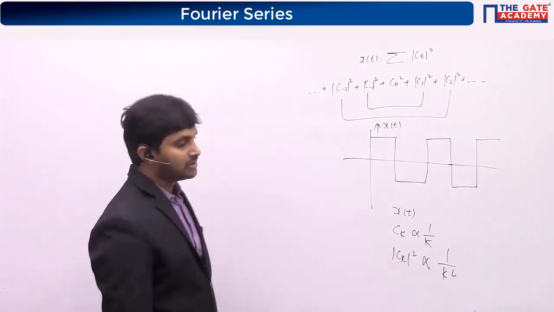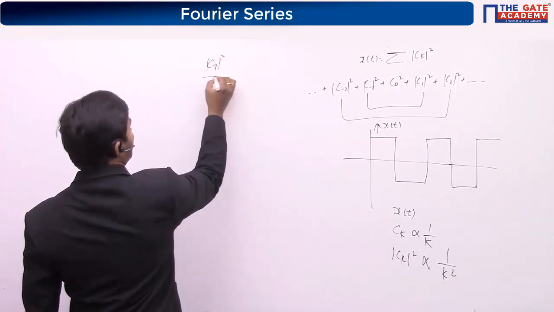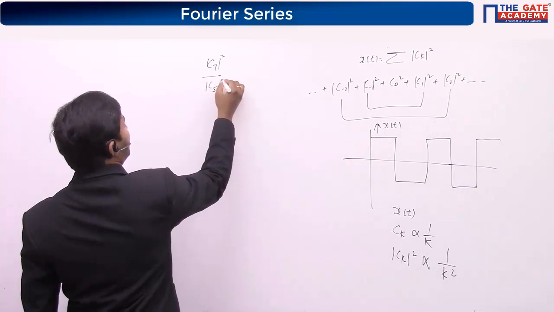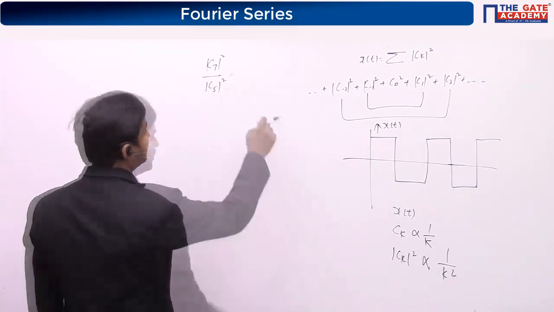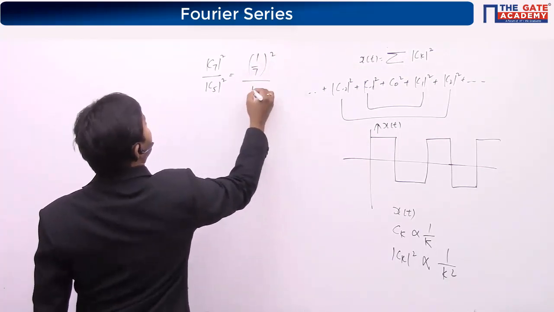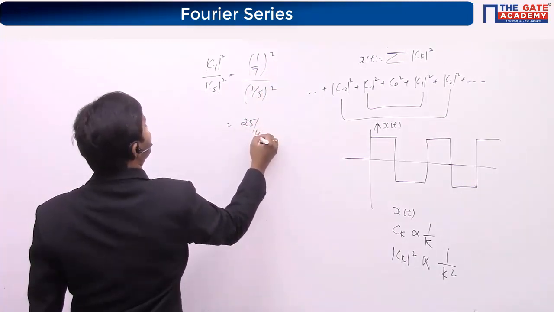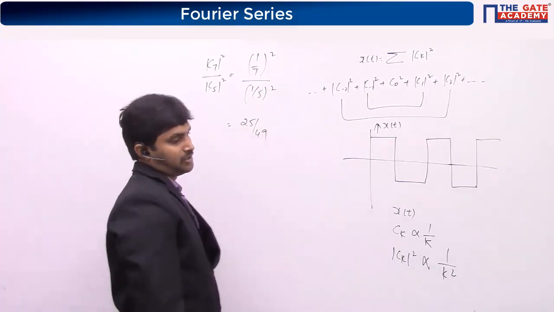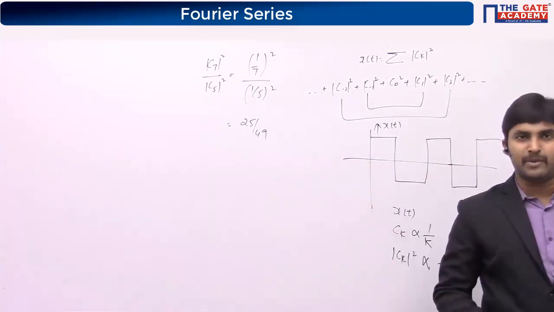Yes or no? Now the question is c7 square divided by c5 square, which will be equal to 1 by 7 square divided by 1 by 5 square, which is equal to 25 by 49. So the value which is very close will be 0.5, right?